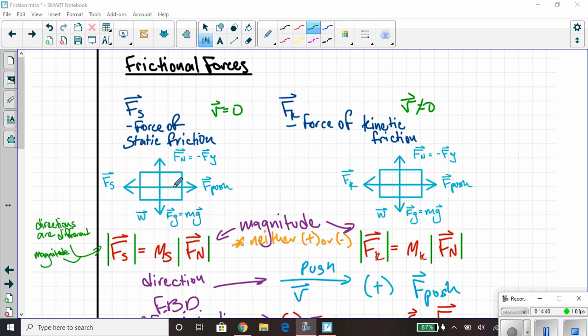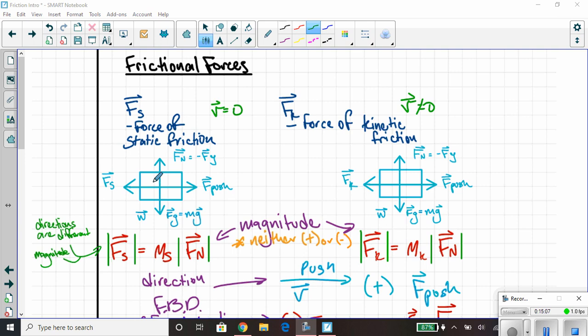So there's the force push. There's the normal force right there, which is equal in magnitude but opposite in direction to the force of gravity. There's the force of gravity on the object, which is also known as weight, and we calculate that by knowing the mass of the object and multiplying it by the gravitational field strength. Working against us, keeping it from moving, is the force of static friction, Fs.